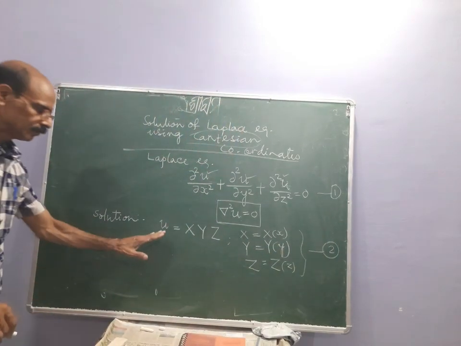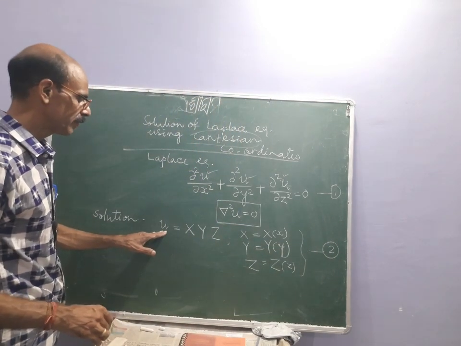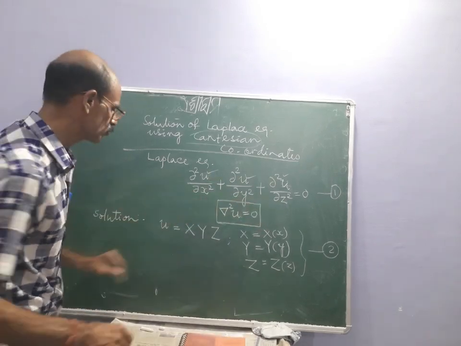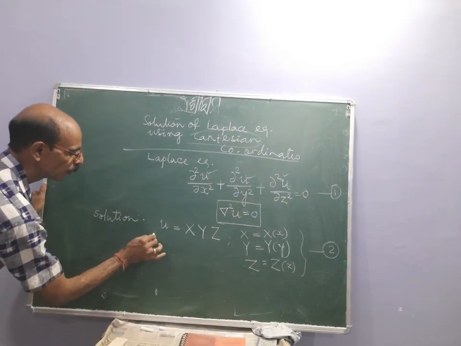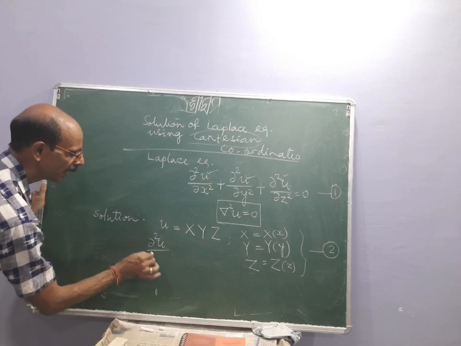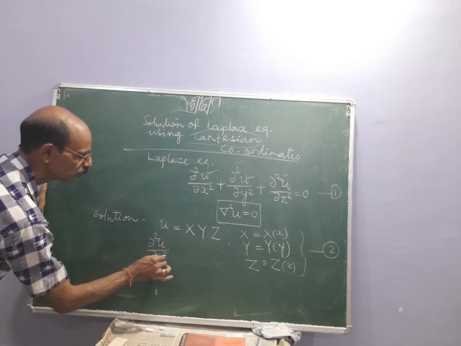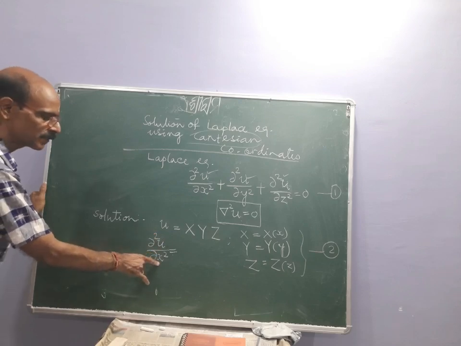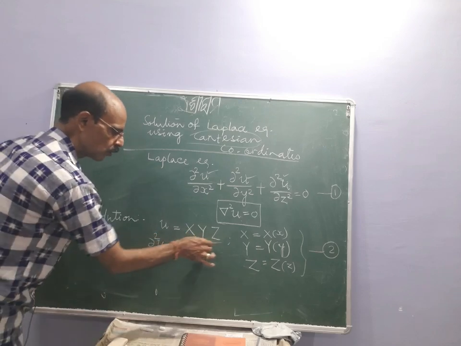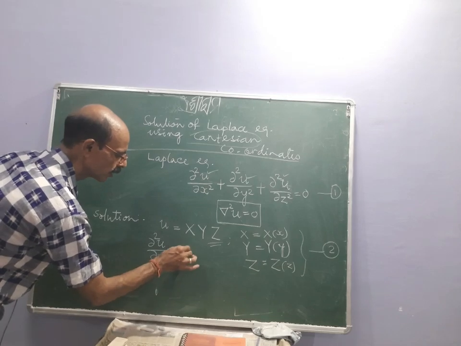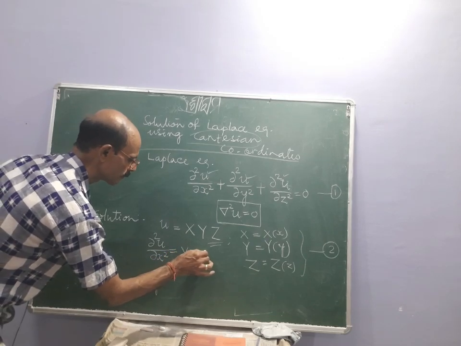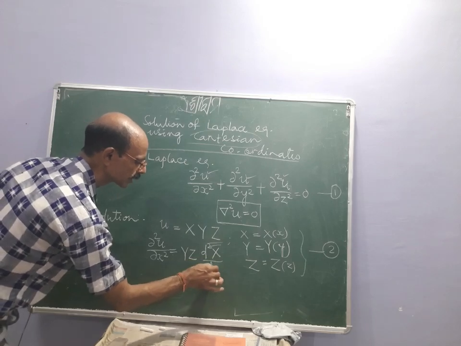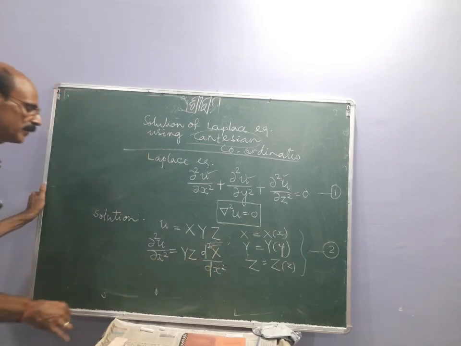Now find the second derivative of u with respect to x, with respect to y and with respect to z. We have del square u by del x square. Since we are taking the derivative with respect to x only, y and z remain constant. So YZ d square X by dx square, I am writing the full derivative.